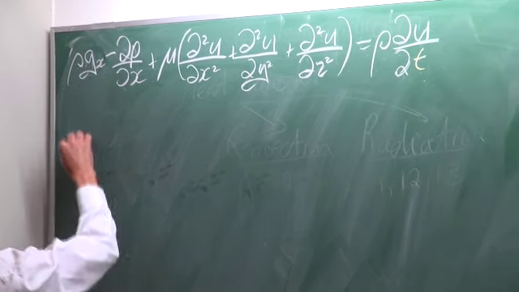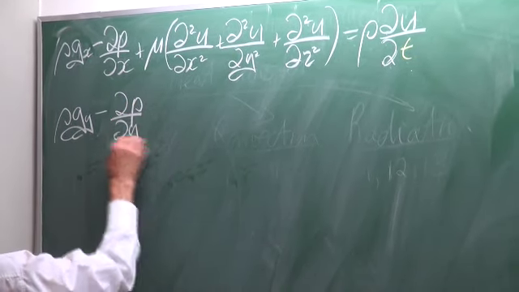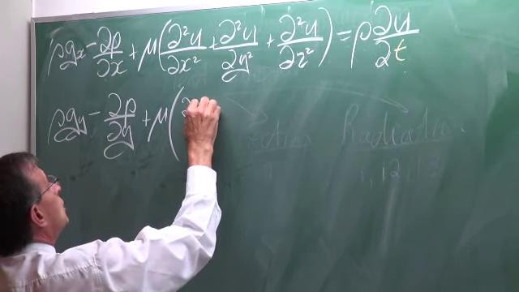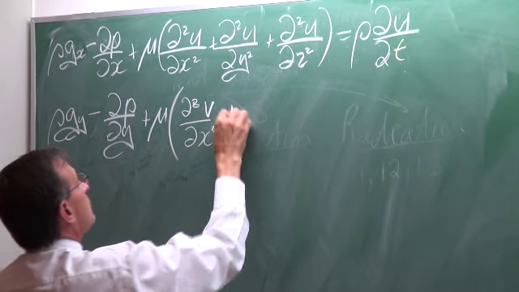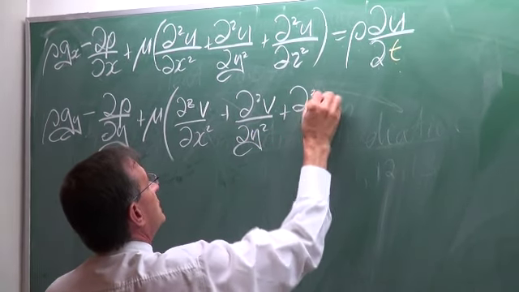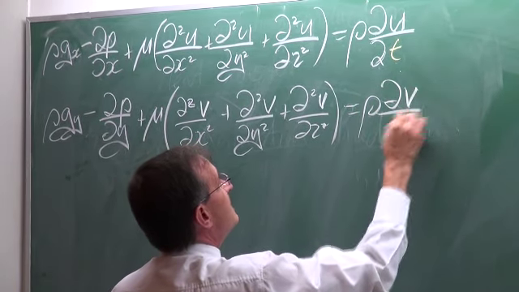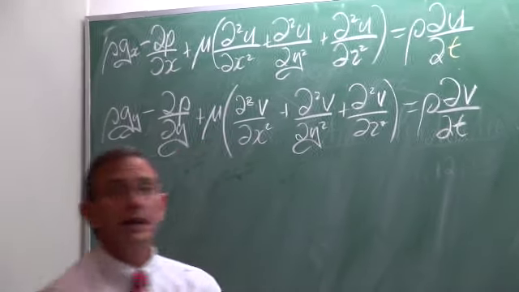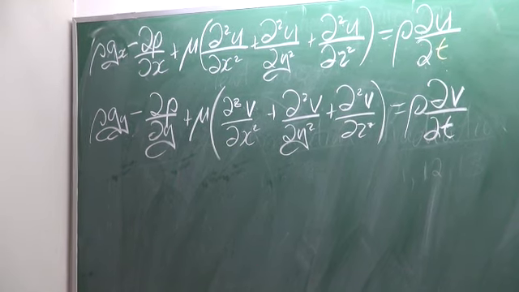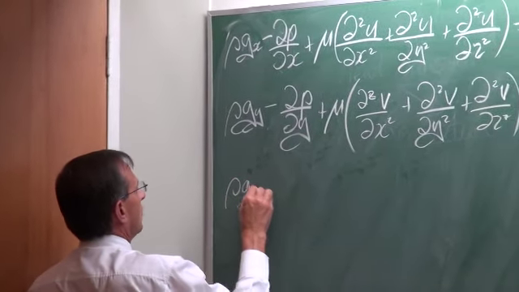Okay, so in the y direction, it is rho multiplied by g in the y direction minus partial dp dy plus the viscosity multiplied by partial d2v dx squared plus partial d2v dy squared plus partial d2v dz squared is equal to rho multiplied by partial dv dt, where the t now is time. That is for the second direction, the y direction. We still have to do it in the z direction also, and that you can go and do at home.